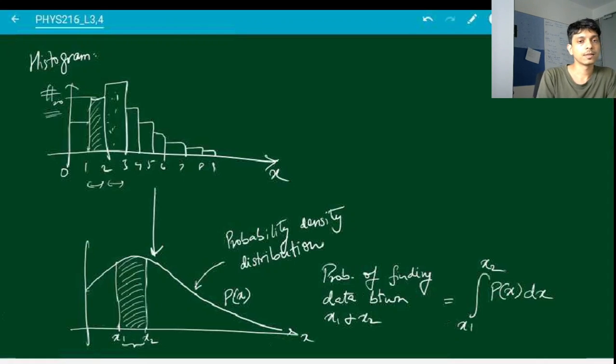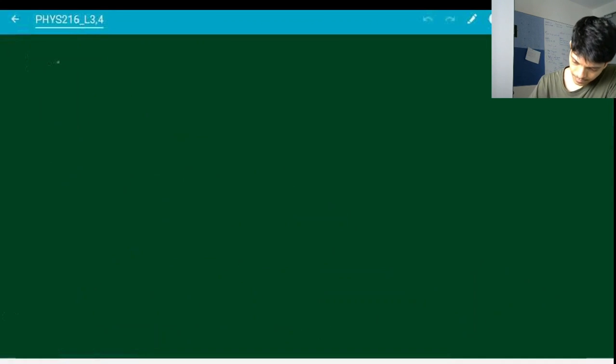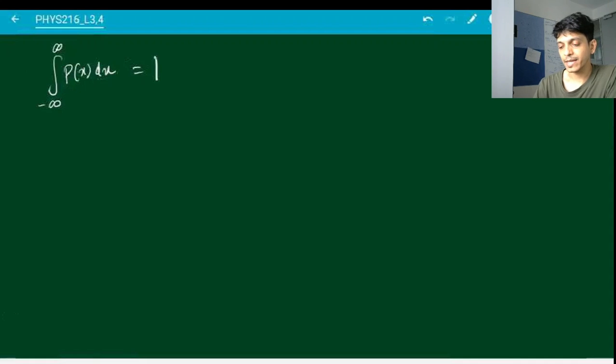Now, of course, if you take an integral over the entire range, then the total probability has to be 1 always. Of course I'm saying minus infinity to infinity, but it depends on the physical case.